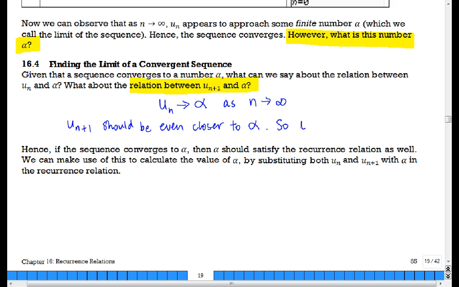So, un plus 1 should also tend to alpha as n tends to infinity. Make sense? If un tends to alpha as n tends to infinity, un plus 1 should tend to alpha as well. Makes perfect sense.